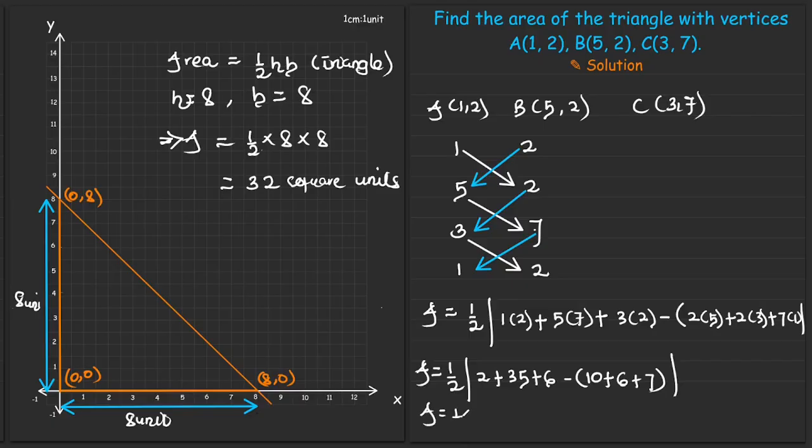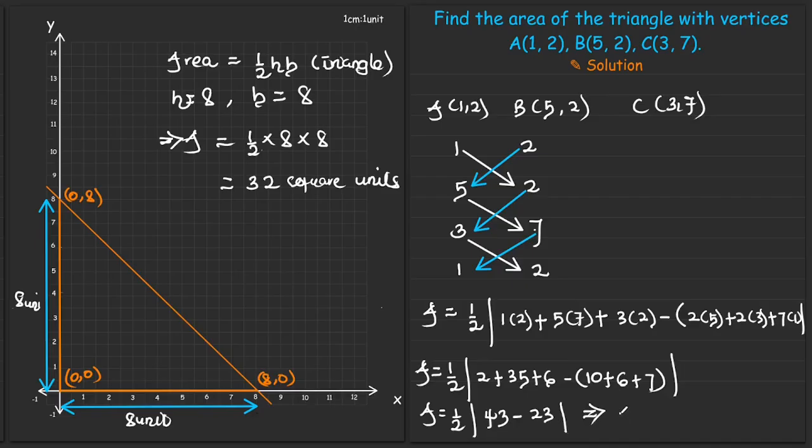Area is then equal to 1 over 2 times the absolute value of 36 plus 2 gives us a 37. 37 plus 6 gives us a 43. So 43 minus 10 plus 6 gives us a 16. Then 16 plus 7 gives us a 23. So minus 23.